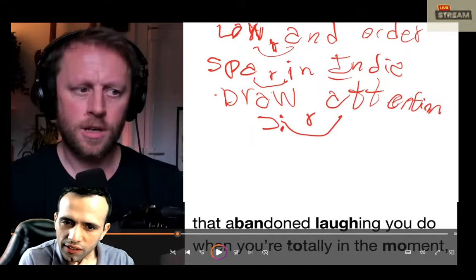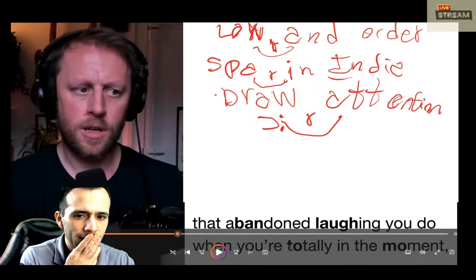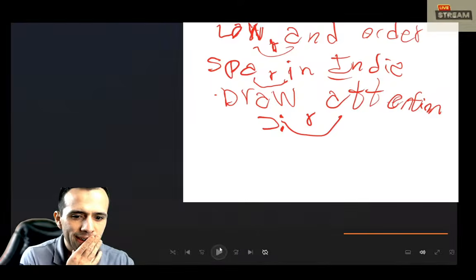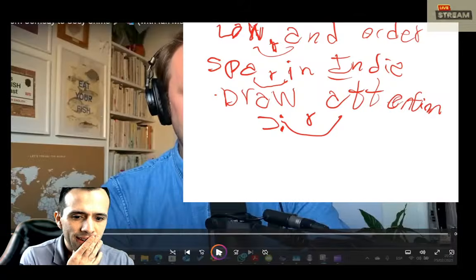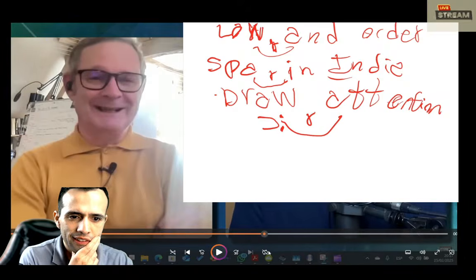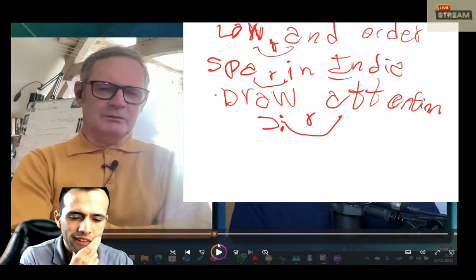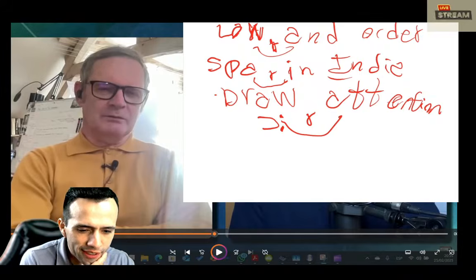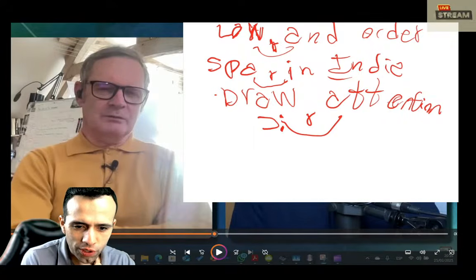For example, far away sounds like far away. The intrusive R, on the other hand, appears even when there's no R in spelling. It happens between a word ending in a vowel sound and a word starting with a vowel sound, like law and order. So linking R is based on actual R sounds in the words, while intrusive R is an added sound to make speech flow more smoothly. Right. Yeah. That is true.